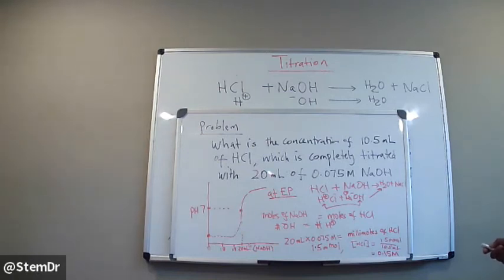So there is no need in the question to give you this information, because you can also read that volume from the titration curve. The titration curve shows you have consumed 20 ml of 0.075 molar to come to the equivalence point. So the concentration would then be those millimoles divided by the volume given for hydrochloric acid, which gives you 0.15 molar.